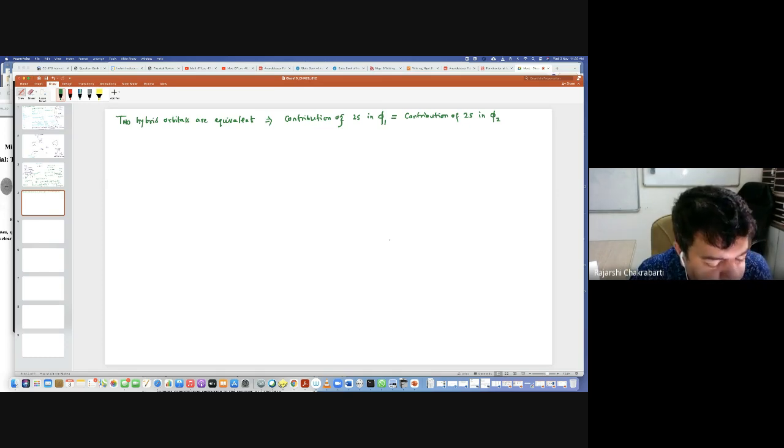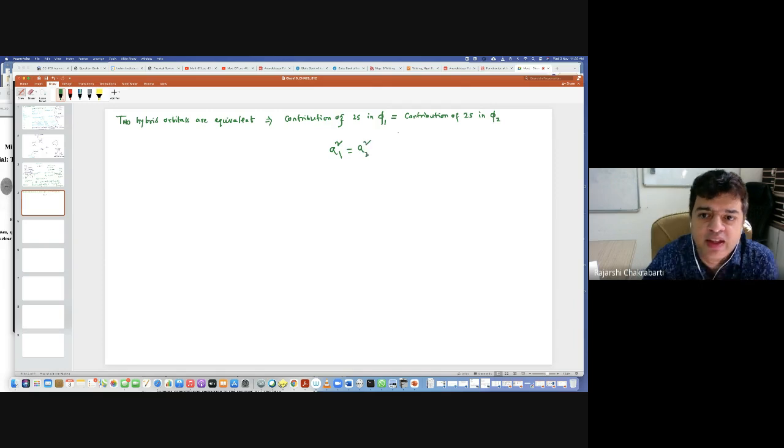It is the coefficient square, a1 square, and in phi 2 it is a2 square. So a1 square is equal to a2 square.